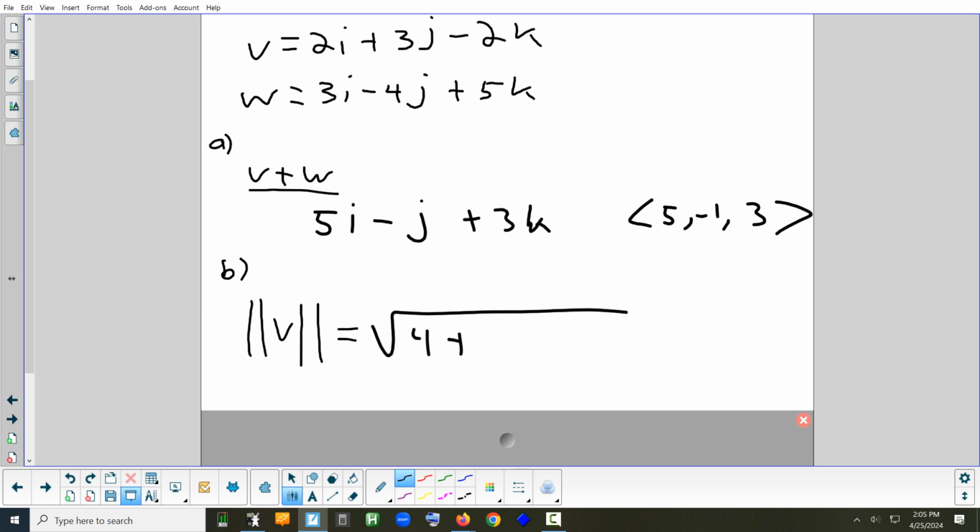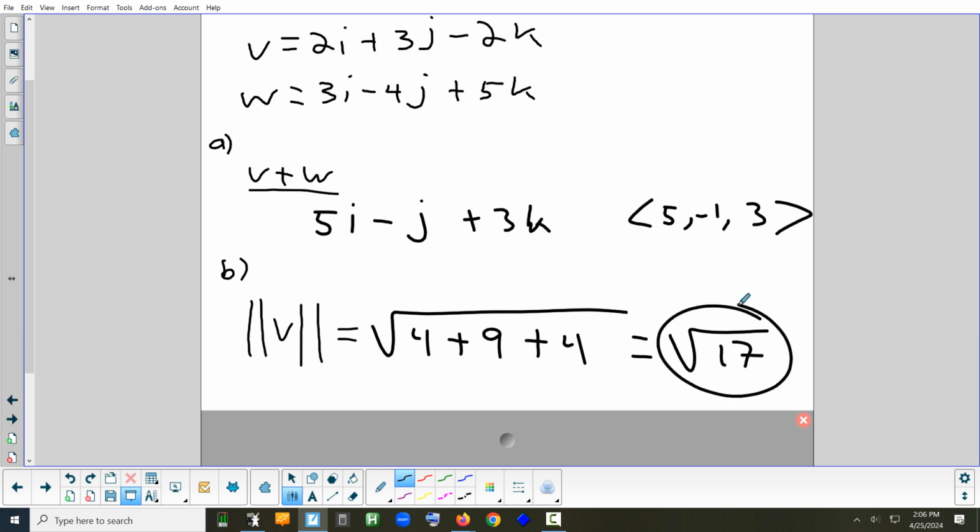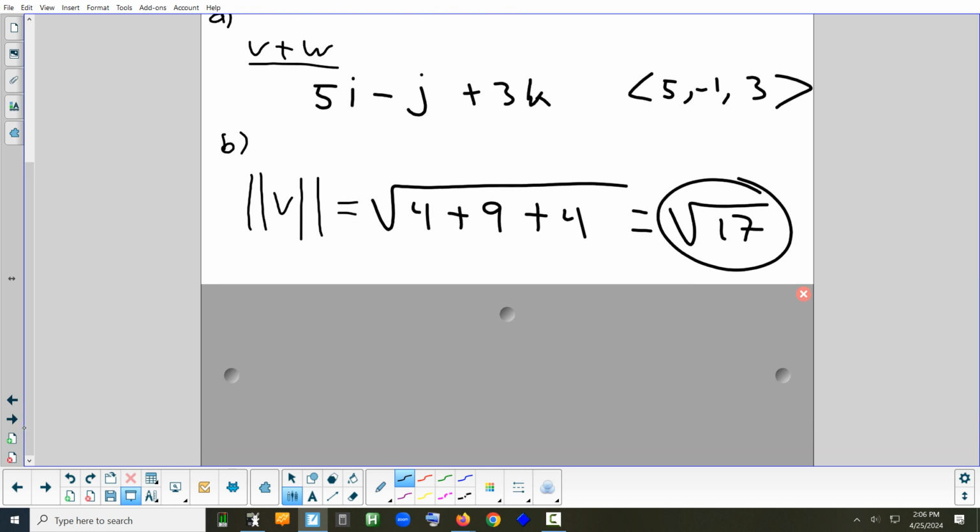Now plus 9, 3 squared is 9. Plus 4, and then negative 2 squared is also 4. So the magnitude of v would be the square root of 17. Square root of 13 plus 4, which is 17. Okay, any question on that?